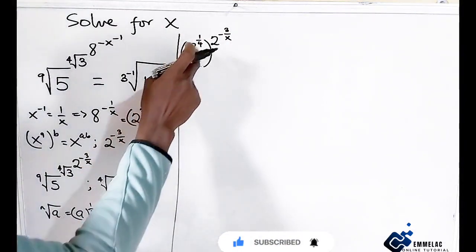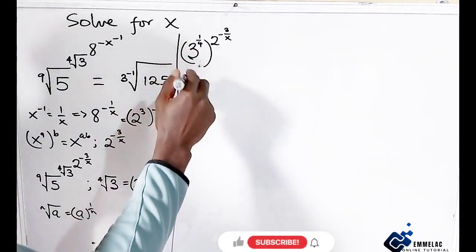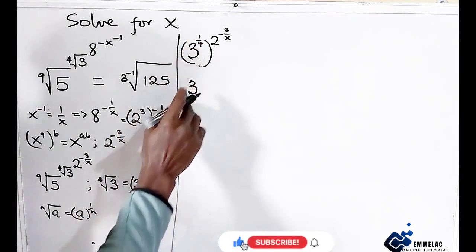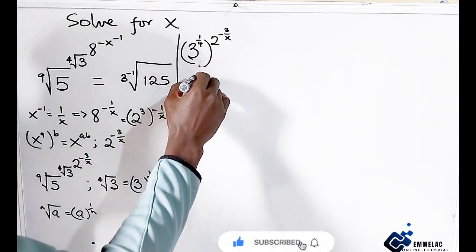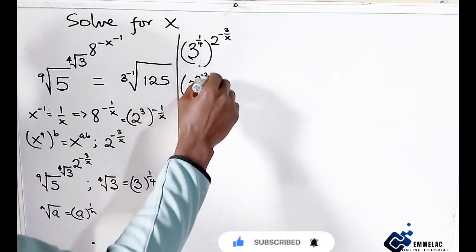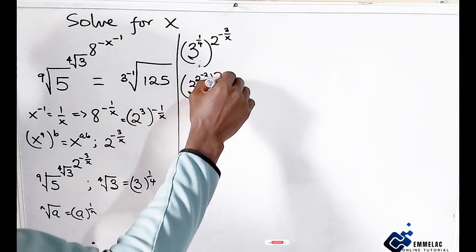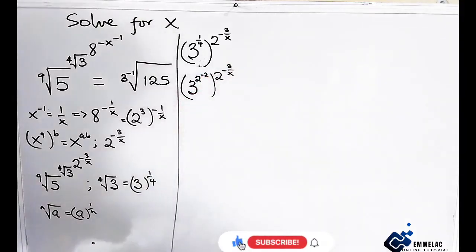So since this is a power and this is a power, this can be rewritten as 3 raised to the power of 2 raised to the power of minus 2, then 2 raised to the power of minus 3 over x, right?